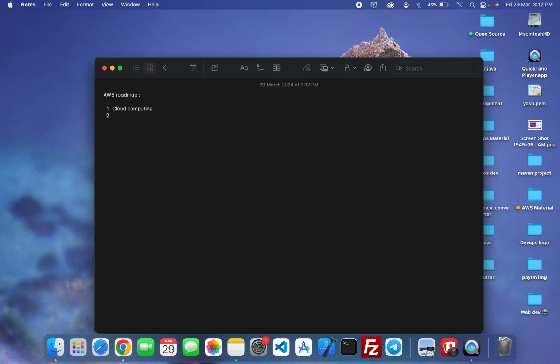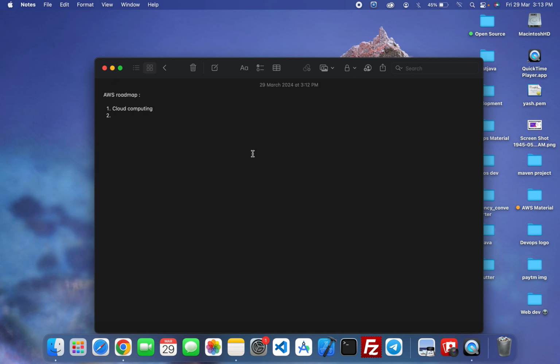In this topic we want to learn why we are using the cloud, what is cloud computing, what are the different types of issues in physical servers, and how cloud computing is resolving that, and why we are using the cloud in today's era. We also want to learn about different types of cloud providers like AWS, Azure, and GCP. GCP is Google Cloud Platform.